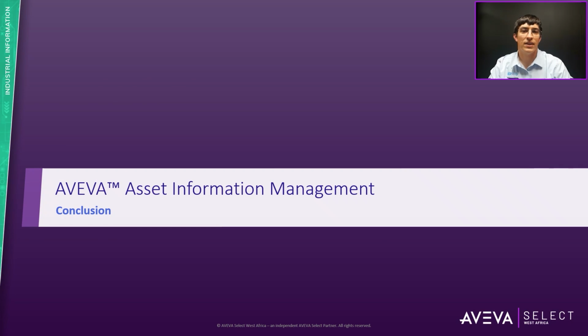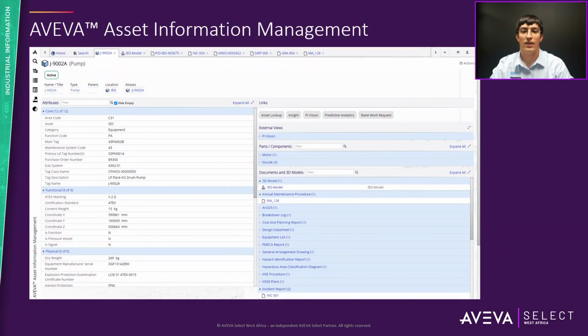As I just showed in the demonstration, AVEVA Asset Information Management offers a lot of benefits. The most important would be that your decision makers can now make clued up, informed decisions based on data that they can trust.